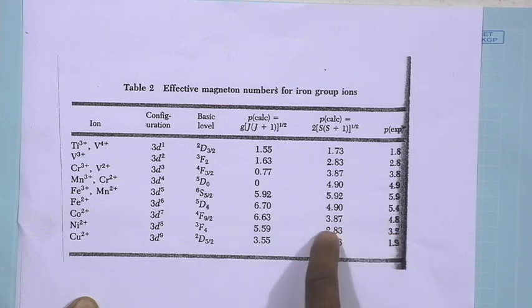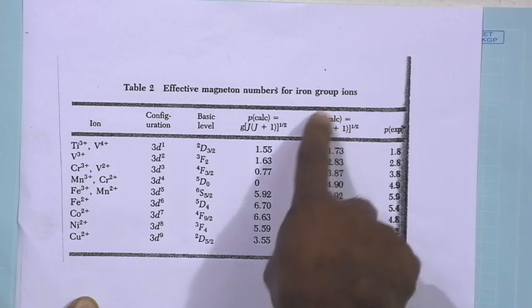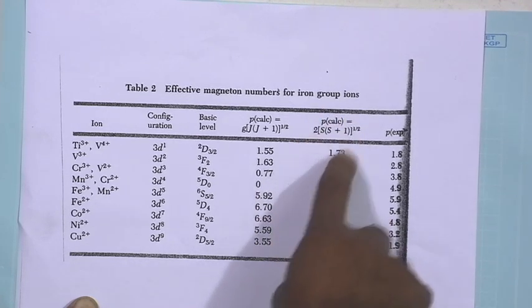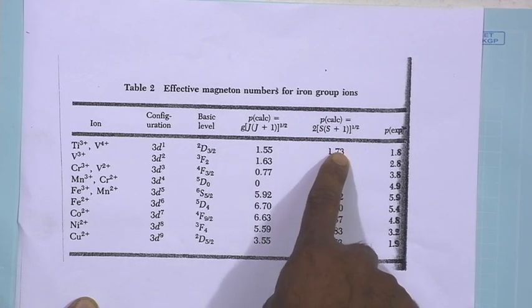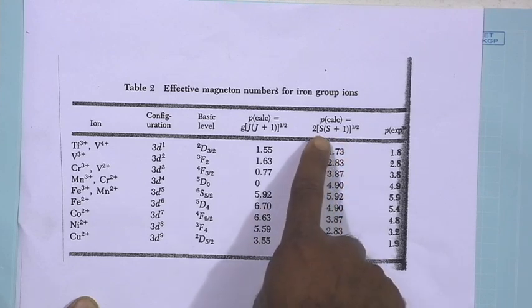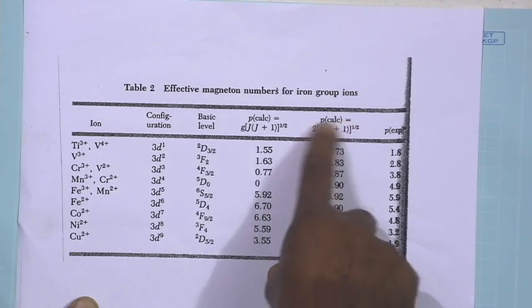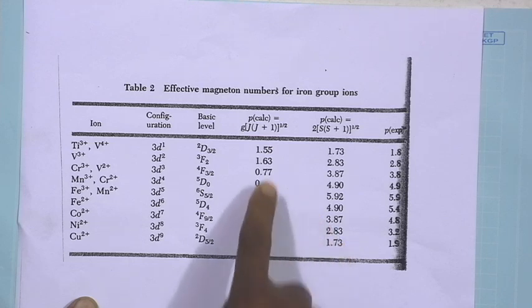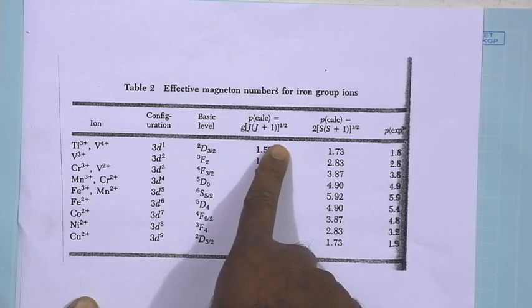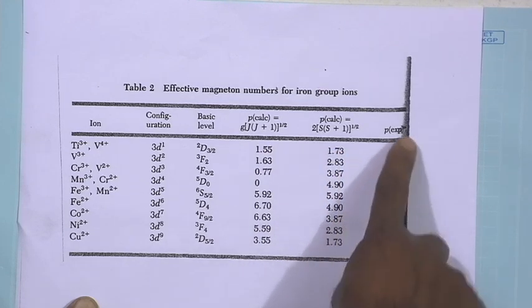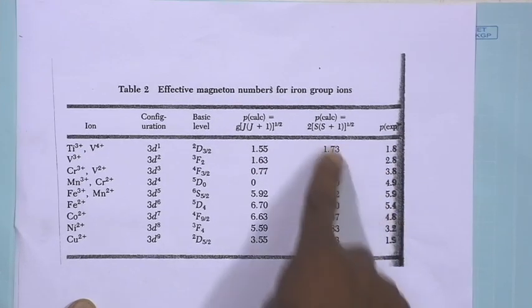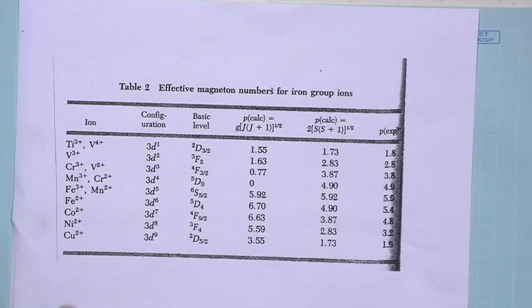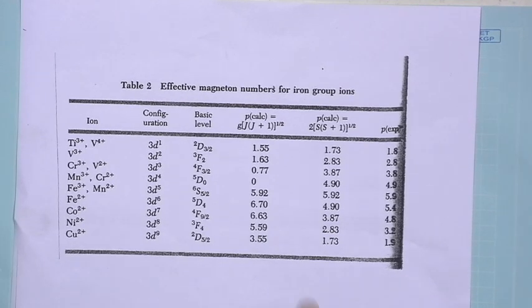So, it is close to this when only the spin angular momentum is considered, L is 0. In that case, the P effective values are close to this.